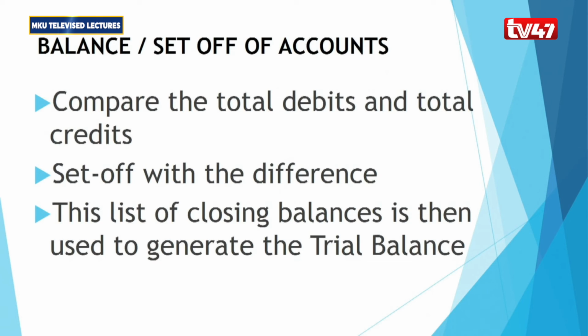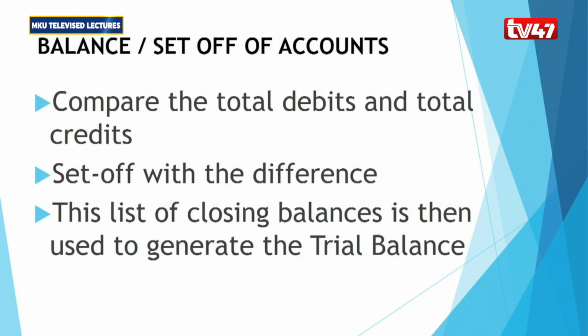Say for instance, you have on the cash account, debits are 100,000 shillings and credit we have 50,000 shillings. So we will set off that cash account with a balance of 50,000 shillings. And the interpretation of that is the amount of cash at hand for the business is 50,000 shillings.